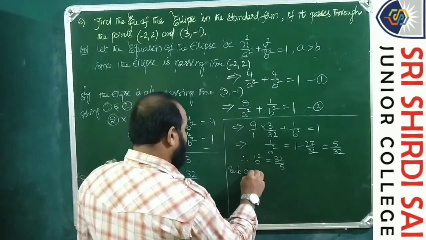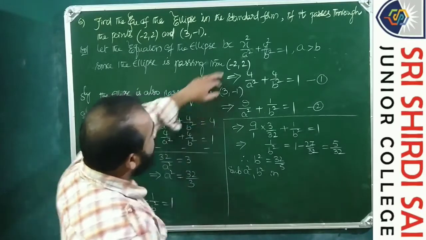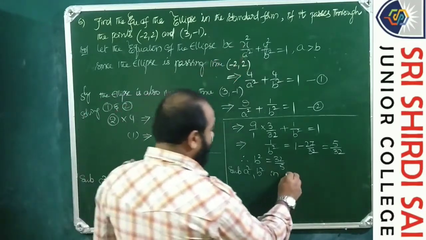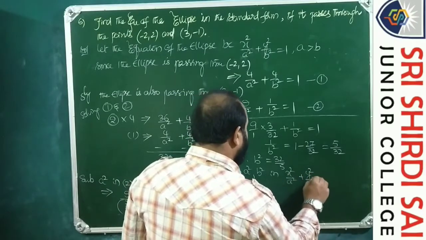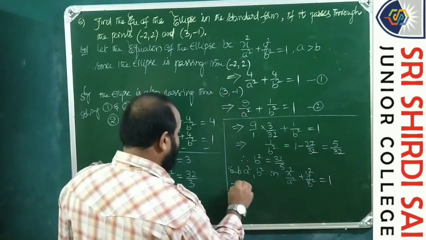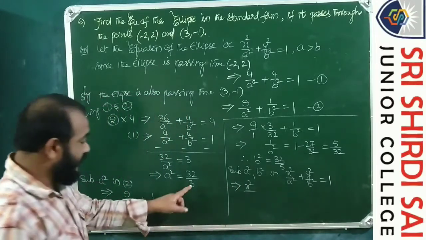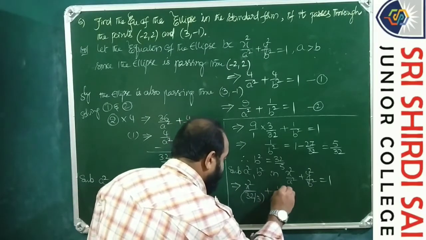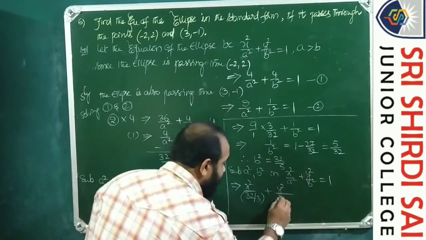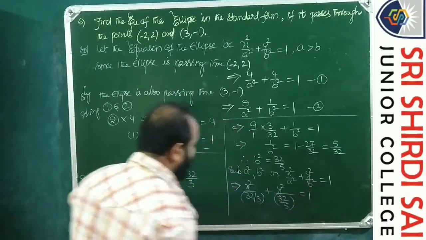Substituting a square and b square in the ellipse x square by a square plus y square by b square equals 1, we get x square by 32 by 3 plus y square by 32 by 5 is equal to 1.